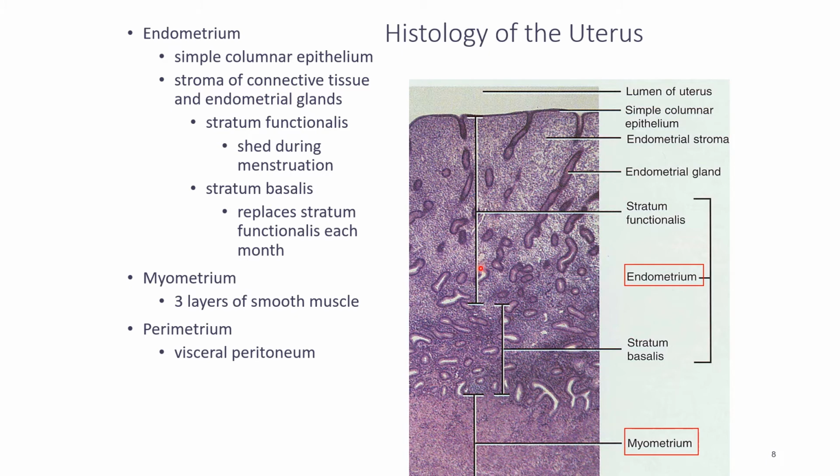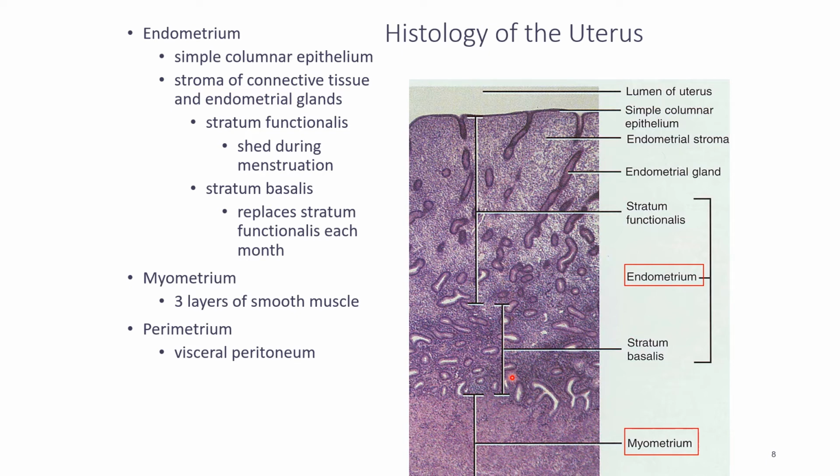The stratum functionalis is the ideal place for embryonic development. So with every reproductive cycle, the stratum functionalis is rebuilt, reconstructed, and if there's no fertilization, no embryo waiting to implant into this, then the stratum functionalis will be removed and a new reproductive cycle will start.